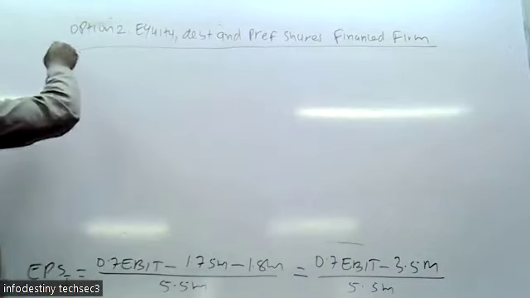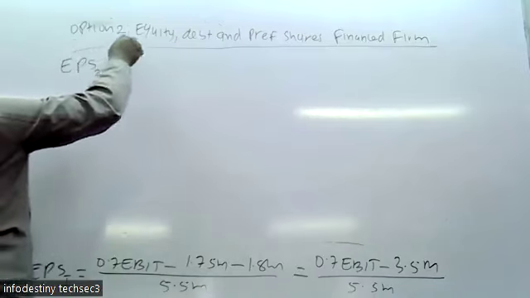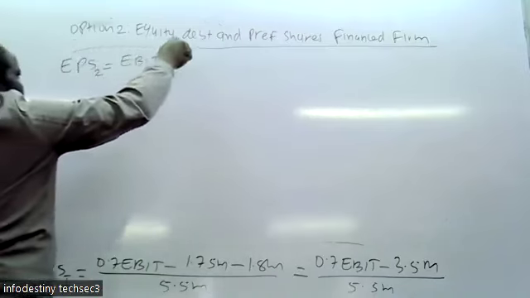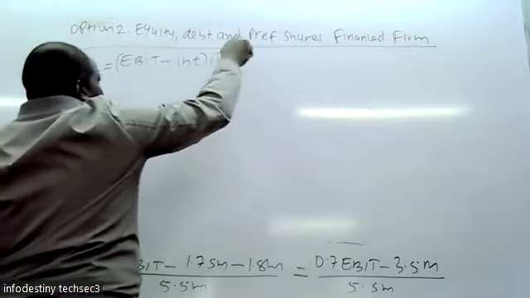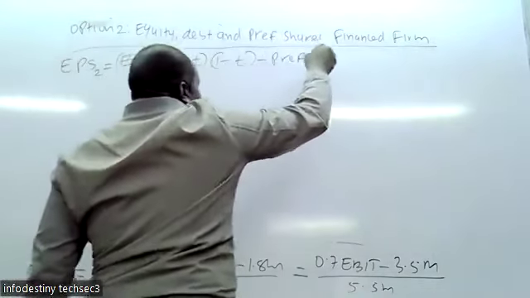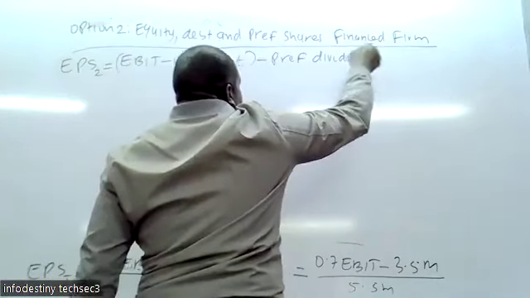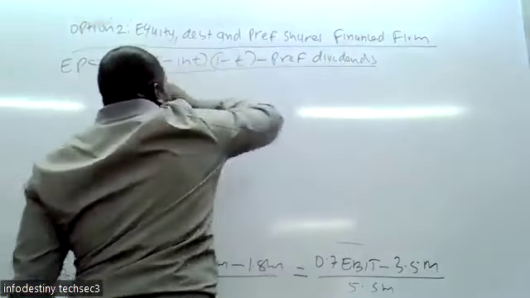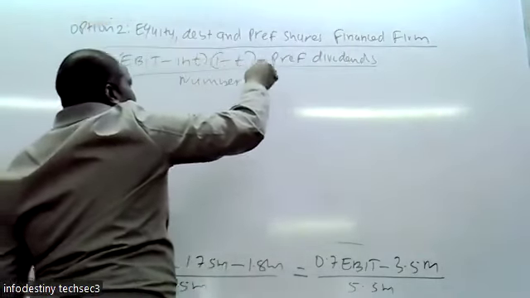Earning per share for option 2 is still earnings before interest and tax, subtract interest, tax, minus the preference dividends. We also divide by the number of ordinary shares.